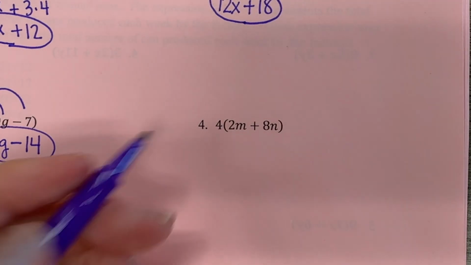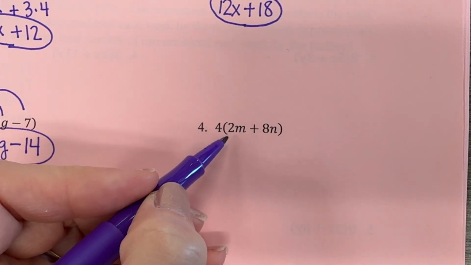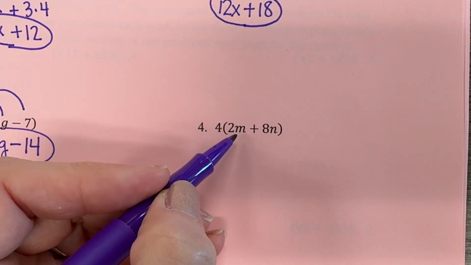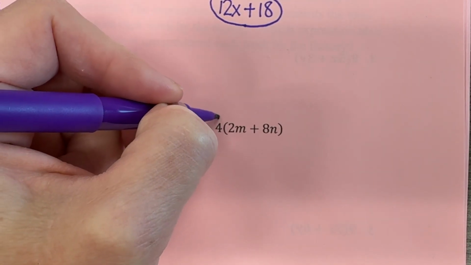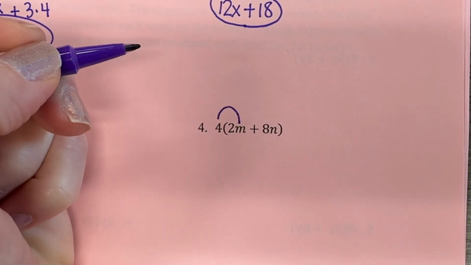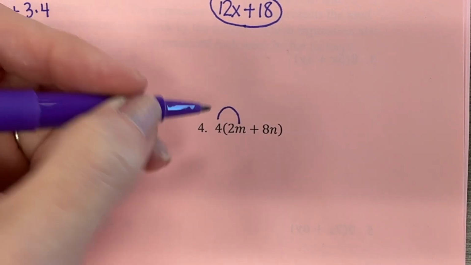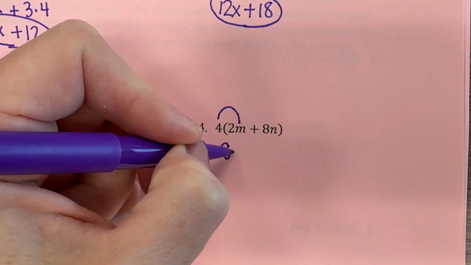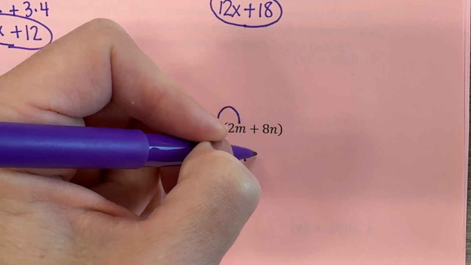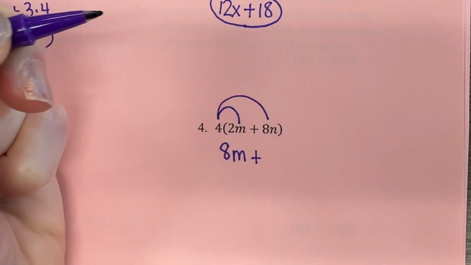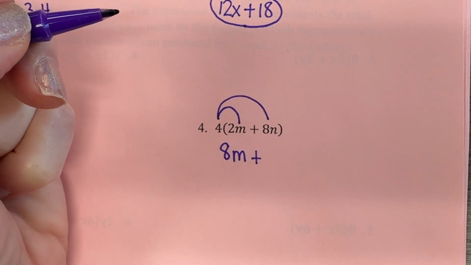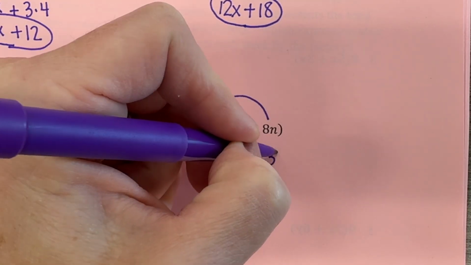Number 4. 4 times the quantity of 2m plus 8n. First we'll take 4 times 2m, which would be 8m, plus 4 times 8n would be 32n.